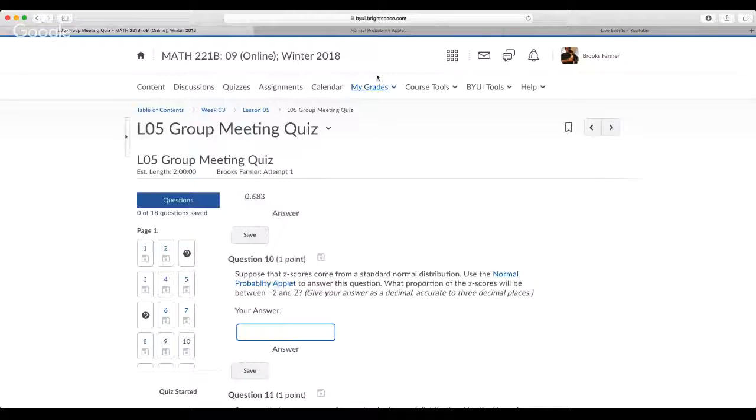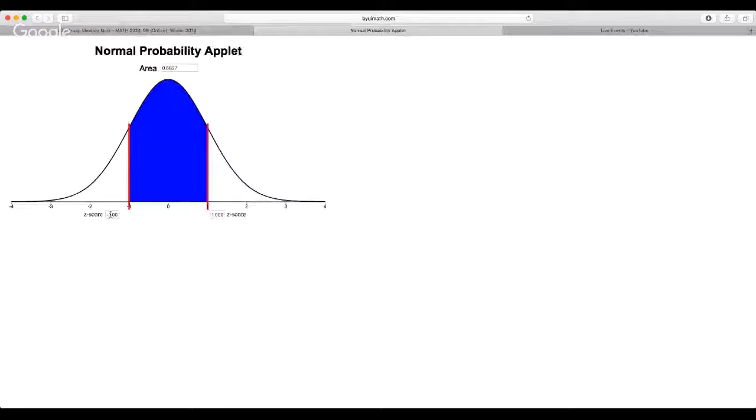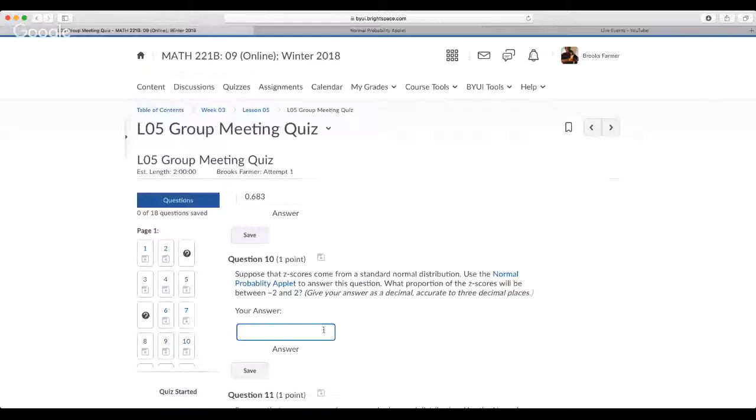All right, so I'm going to change this up. Someone want to read it while I do this? Suppose that z-scores come from a standard normal distribution. Use the normal probability applet to answer the question. What proportion of z-scores will be between -2 and 2? It's kind of funny because it's actually following the rule.